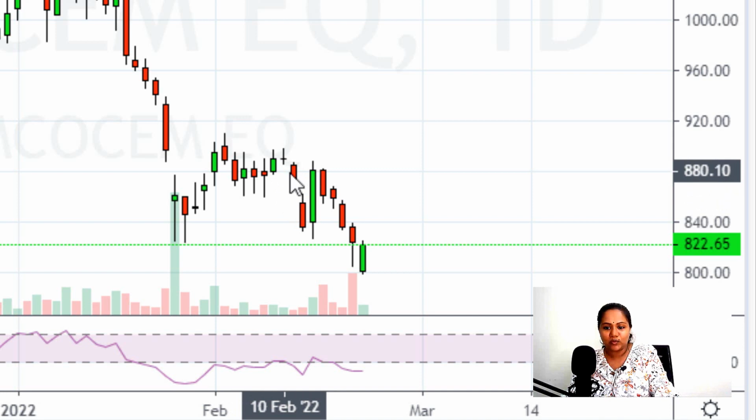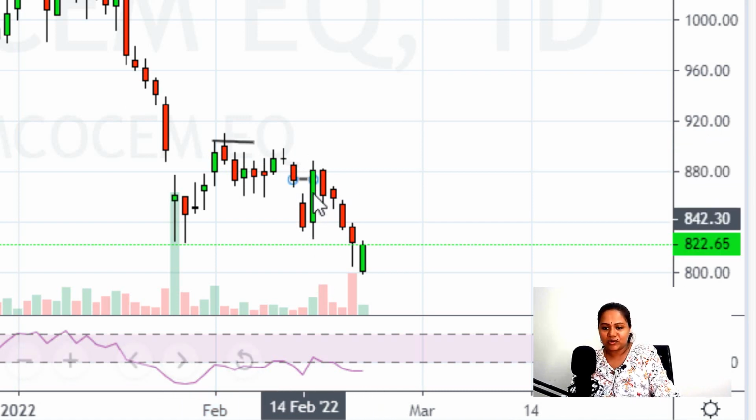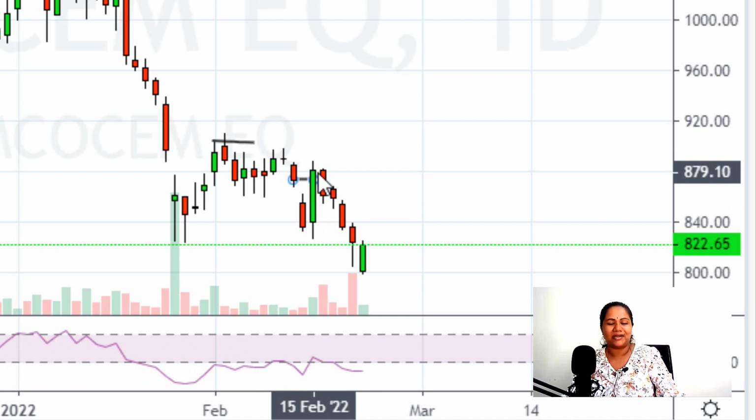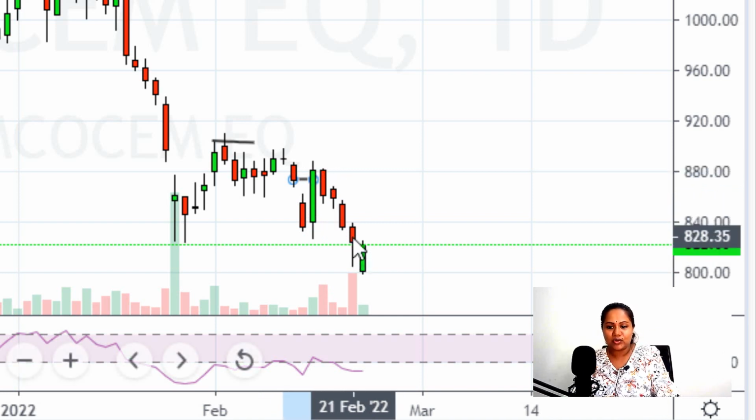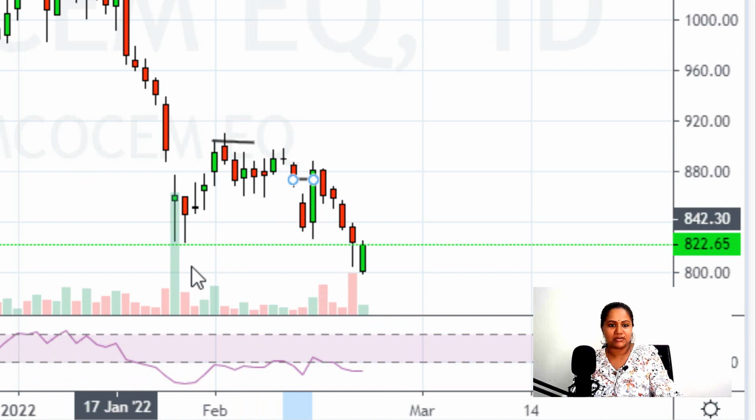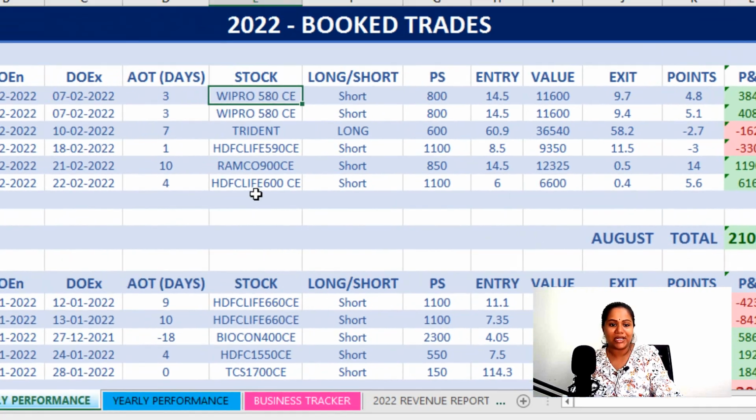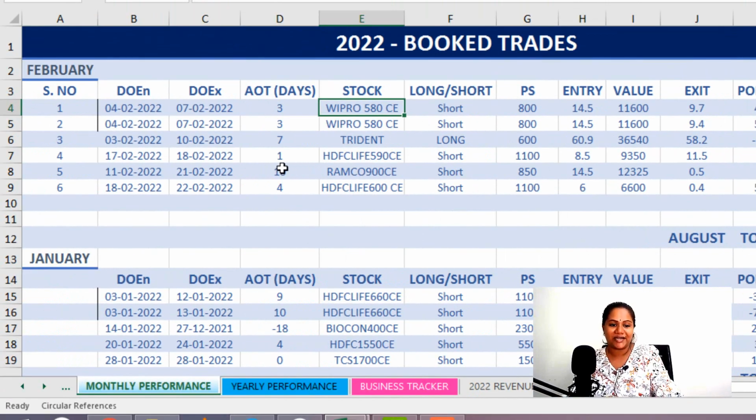So I sold the 900 call. The 900 level is over here, and this is where I entered. It gave me a little bit of hiccup, but it never really gave me any kind of loss. Eventually it started to go down. Yesterday I exited with a profit of about 12,000 rupees. So Ramco Cements went well, and I held on for 10 days.